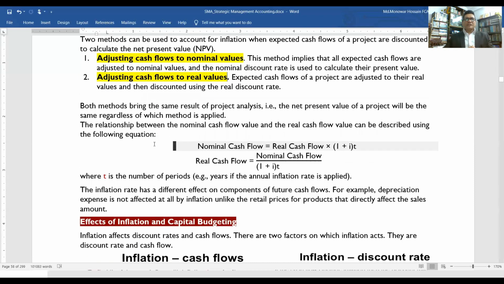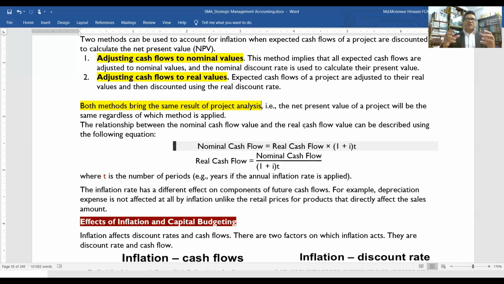Both methods bring the same result. We'll prove it with an example. The net present value of a project will be the same regardless of which method is applied.